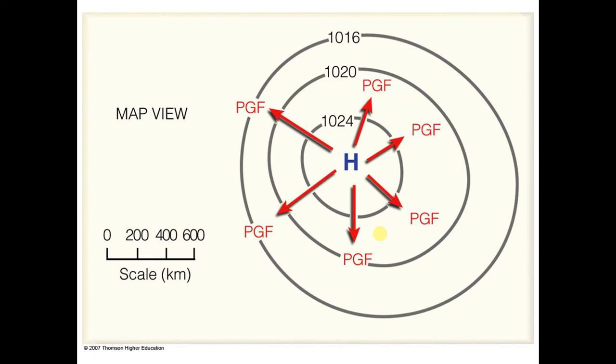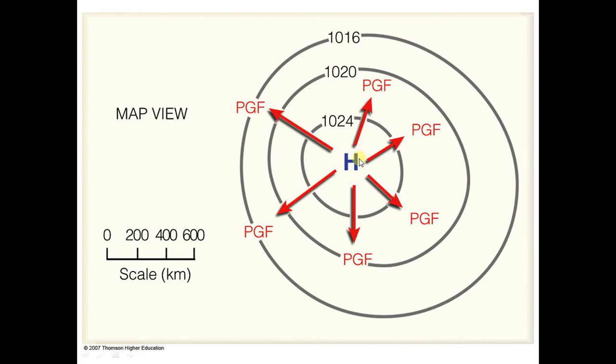Here's another figure, this time showing a high pressure area, an anticyclone. Notice the 1024 millibar isobar. So inside it, the pressures are even higher. This is significantly higher than average sea level pressure of 1013.25 millibars. And what's shown is the pressure gradient force.